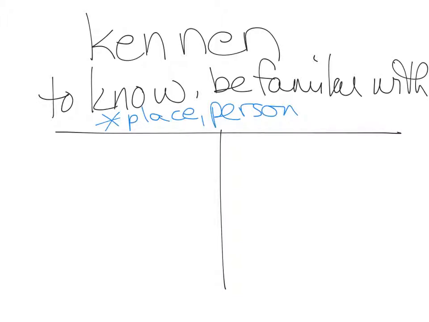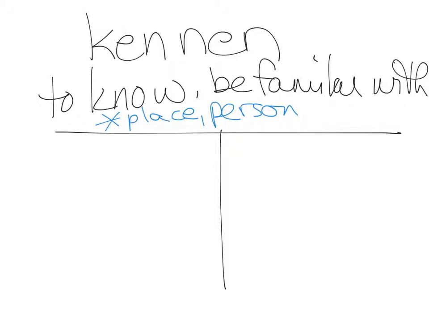Okay. So if you're trying to say, I don't know, like I don't know that, if I ask you a question, you're like, how do you say blah, blah, blah, then you would use a different verb. Okay? This one is more like, I'm familiar with the city of St. Paul, or I'm familiar with a person named Morgan, whatever it may be. So use this with people and places.